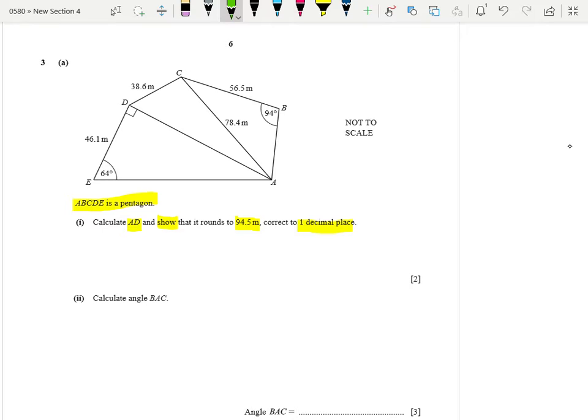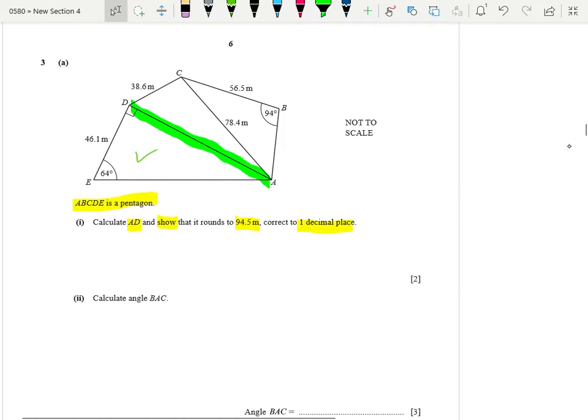So let's first find out in which particular triangle this line AD is. Actually, this line AD is in two triangles, right? So this particular line AD, you can see here, it is falling as a part of two triangles. So I would pick up this particular triangle. Why?